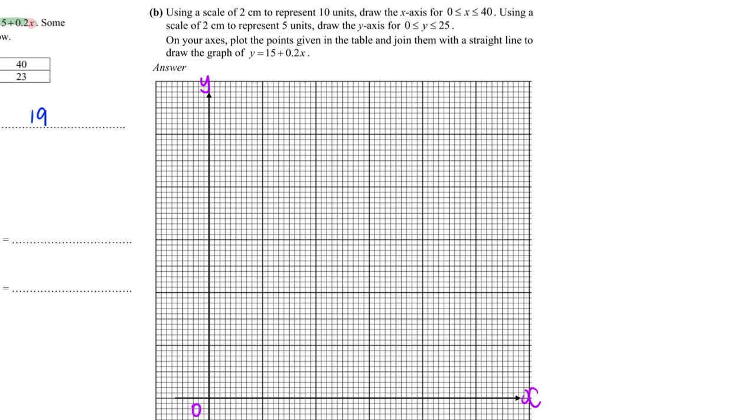For the x-axis, which is the horizontal, each 2 cm is 10 units, so you will see 10, 20, 30, and 40. And for the y-axis, it will be 5 units all the way until 25, so you will see I have 5, 10, 15, 20, and 25.